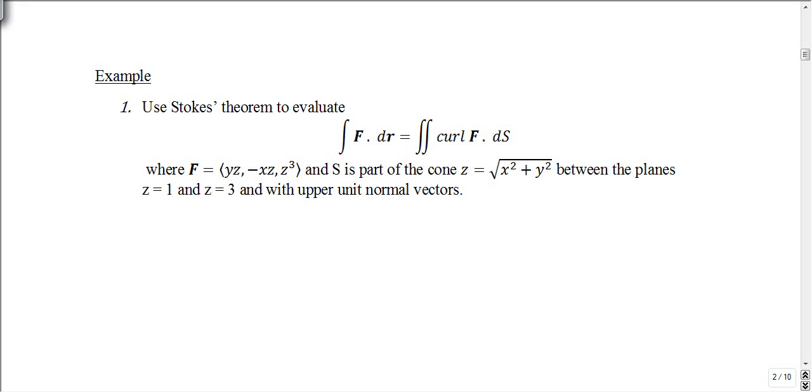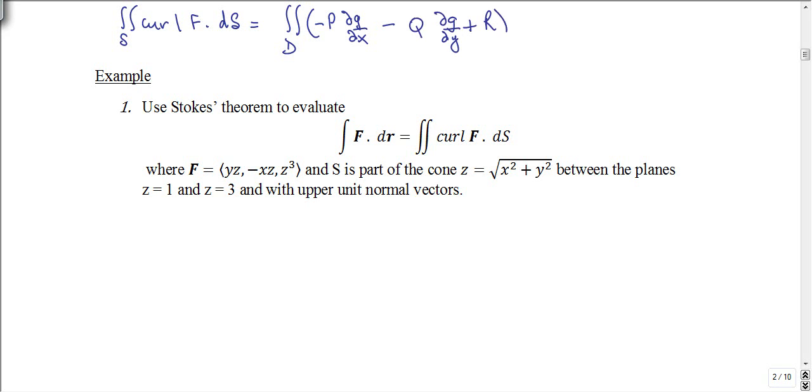So what I had is that the double integral over S of curl F dot dS is equal to the double integral over D of minus P partial g partial x, minus Q partial g partial y, plus R. Is that the formula I have?